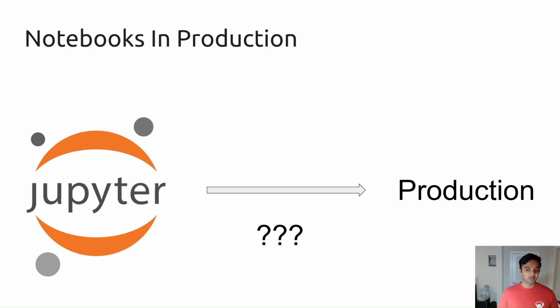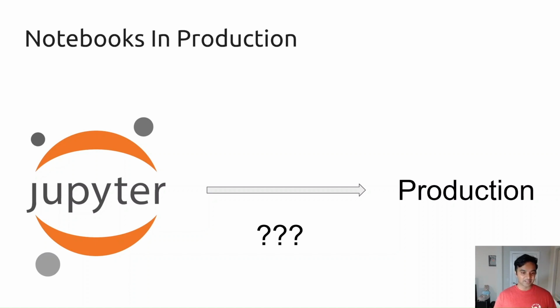But the problem comes when we want to take our notebooks to production, or really when we want to share our notebooks with anyone in general. The way that you would have to do this is you can either ask the person to download your code, and download Python, and download all the dependencies that are required to run your notebook, or you can take your notebook code and deploy it as a web service in Heroku or Azure Functions or something like that.